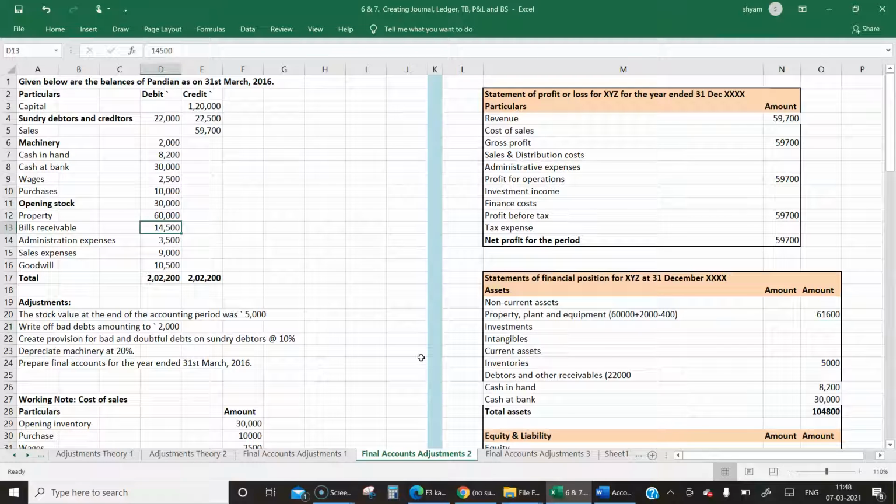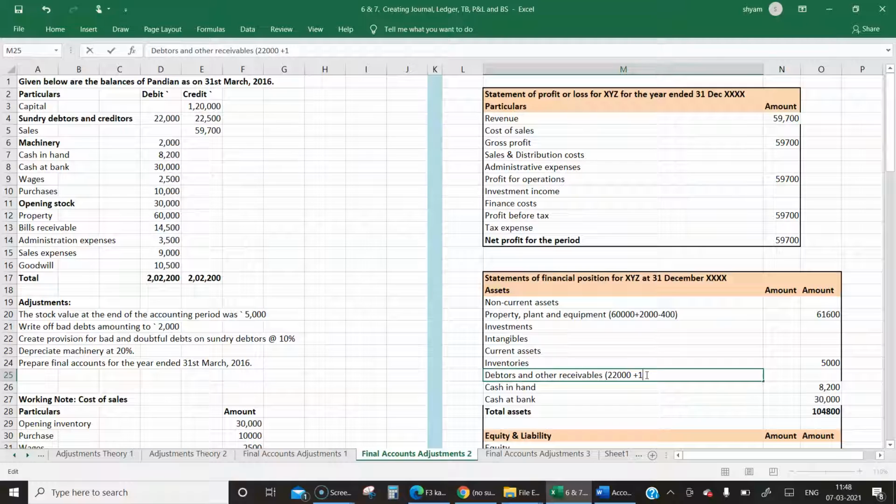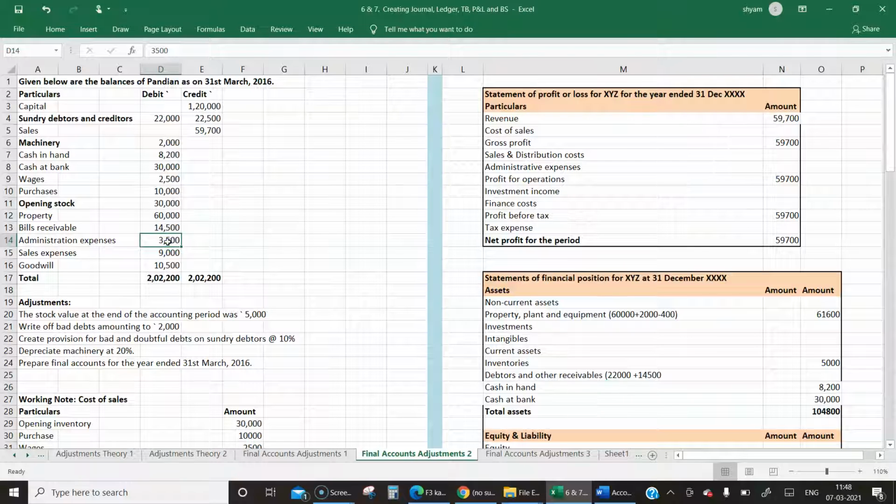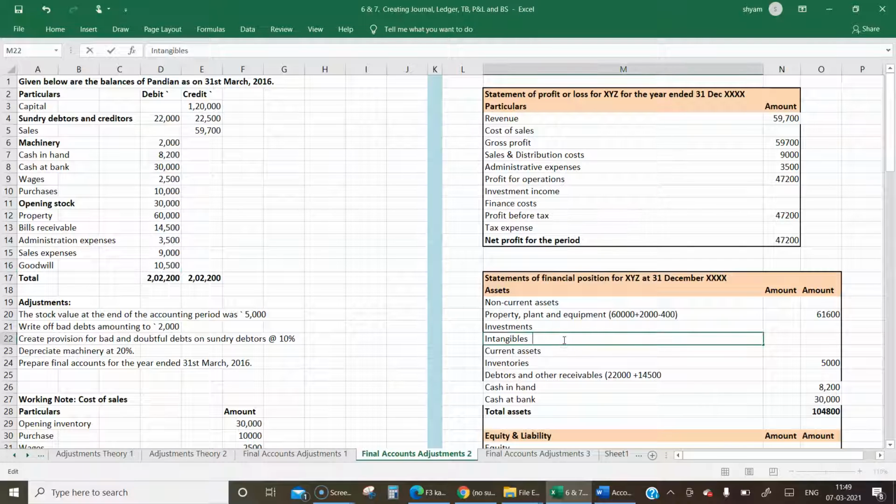We have bills receivable 14,500. Then we have administration expense 3,500. And finally we have sales expense 9,000. And goodwill is 10,500. So we have an intangible here, so we can mark it as goodwill.